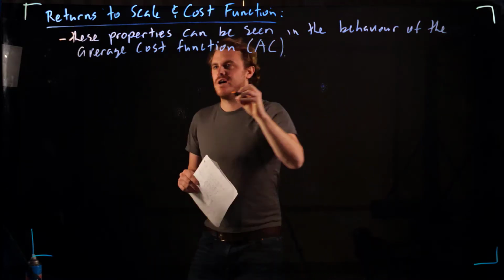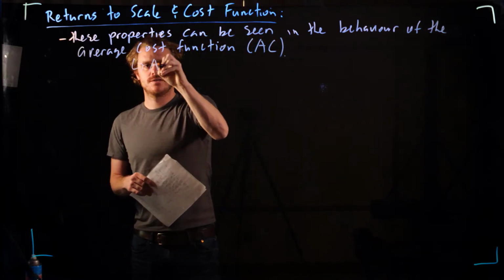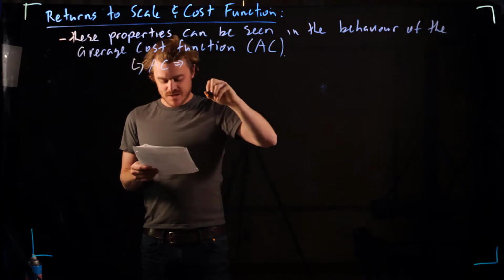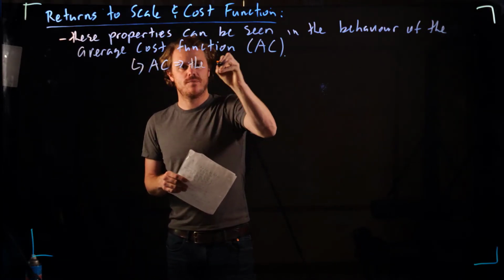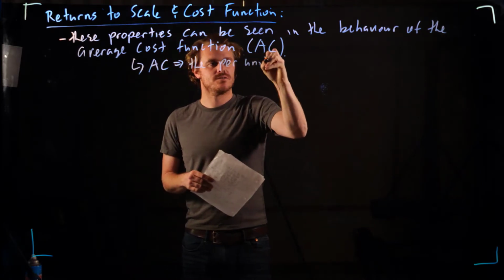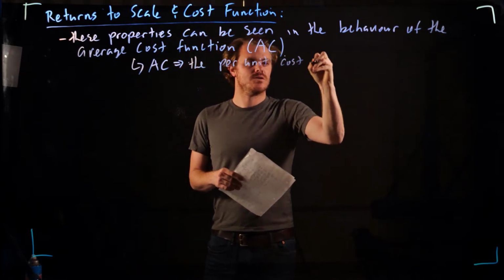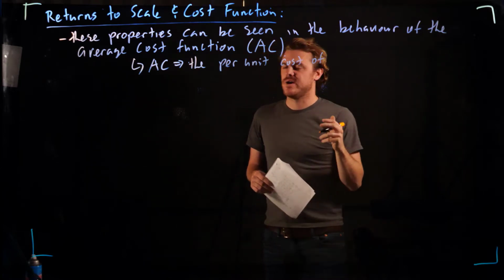So the average cost function is just like the per unit cost of producing Y units of output.